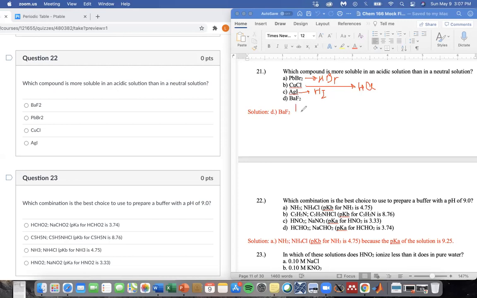BaF2, on the other hand, would produce HF, and HF is a weak acid. Because of that, F- is going to be a weak base in your solution here, and because of the common ion effect, it'll actually be more soluble in an acidic solution than it would be in a neutral solution.